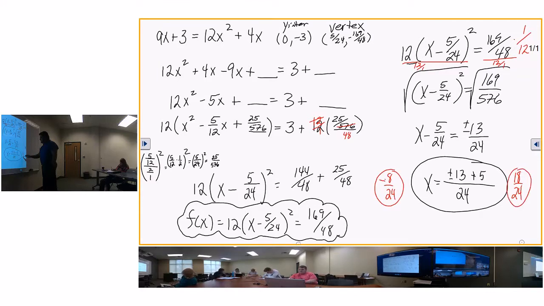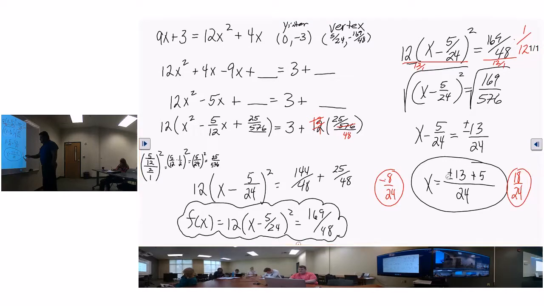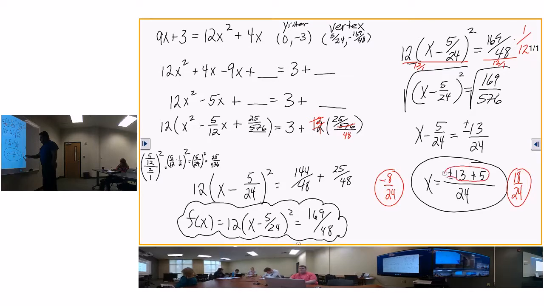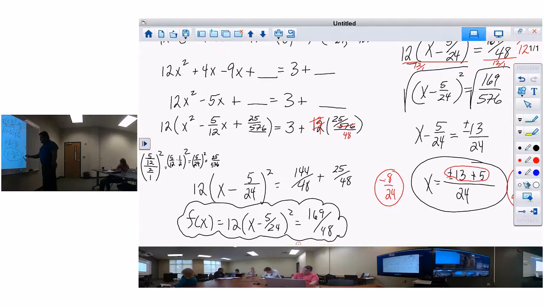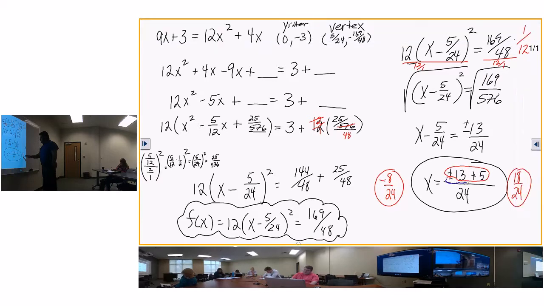Now remember, you have a positive 13 plus 5, and you have a negative 13 plus 5. That's where the two x-intercepts come from. Now remember, if you have the square root of 0, you only have one x-intercept, and it's usually the vertex. If you have a negative, that means you have what? I. You have to write the answer in the form of A plus BI.